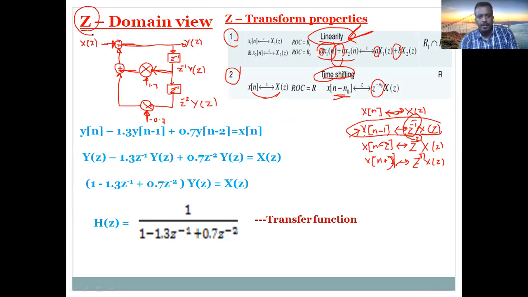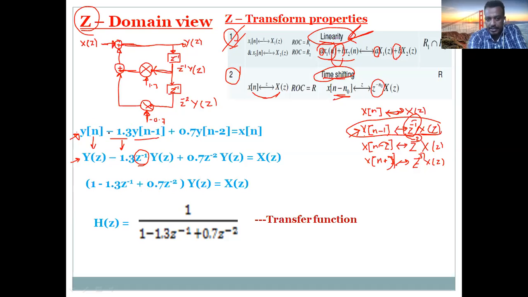So the difference equation in time domain, the system is represented by what? The system is represented by a difference equation. Now, the system transformed: y of n becomes what? Y of z. Multiplication by a constant is the same. Why? Because of which property? The linearity property. y of n minus 1 means shifting in time domain, it is multiplied by z to the power of minus 1, Y of z.